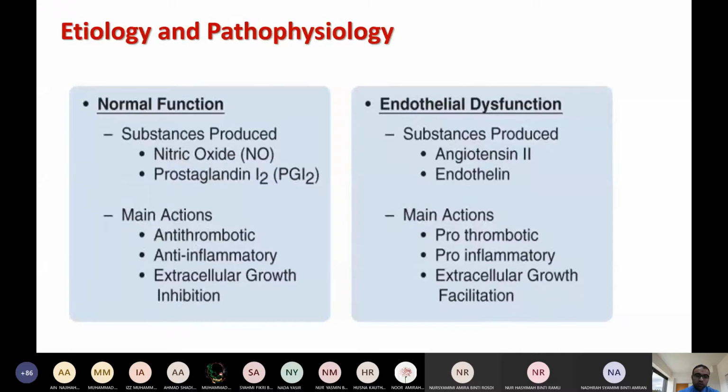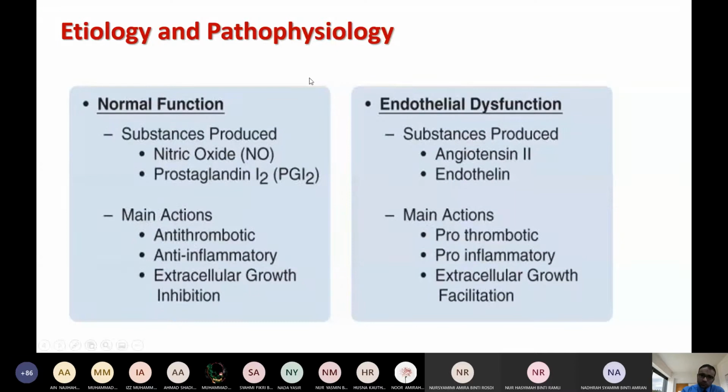So if we want to understand why these risk factors can be linked to ischemic heart disease, we can see how they affect the endothelium or contribute to causing endothelial dysfunction.